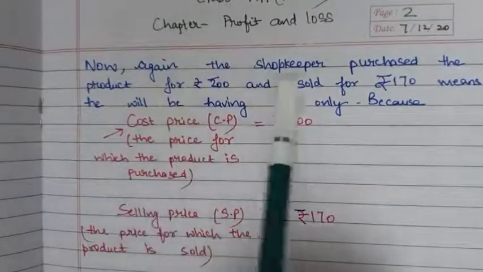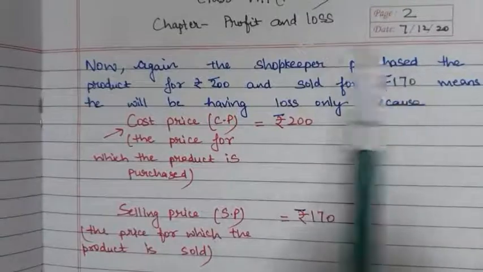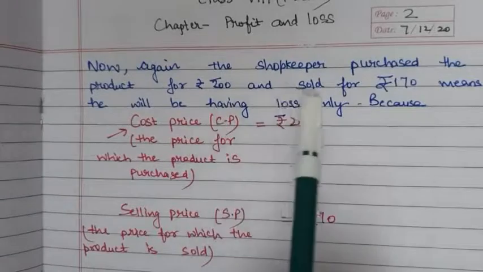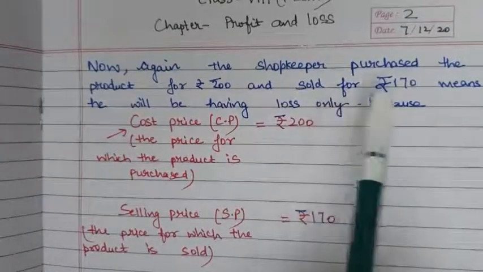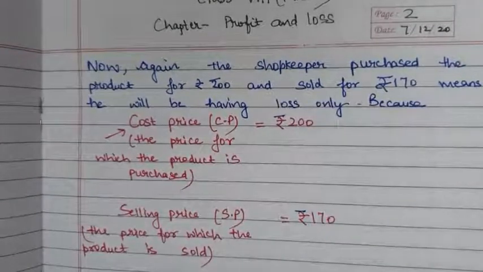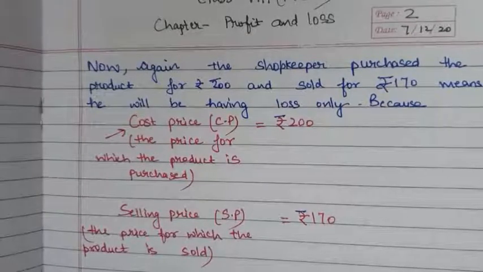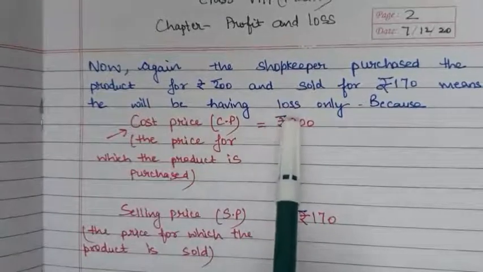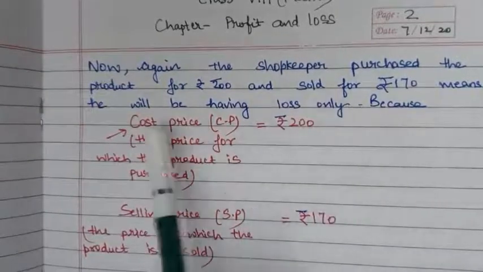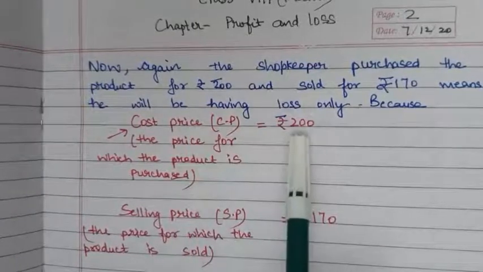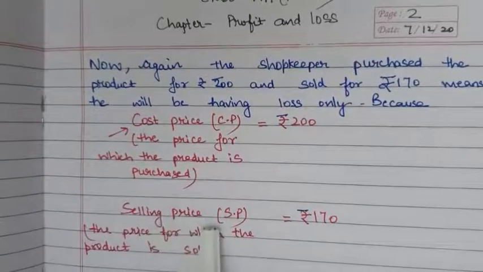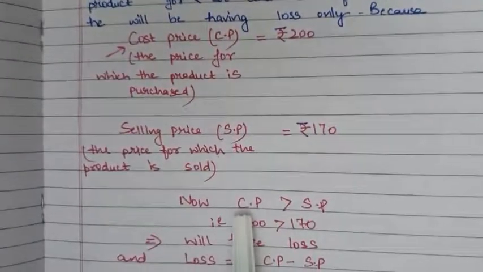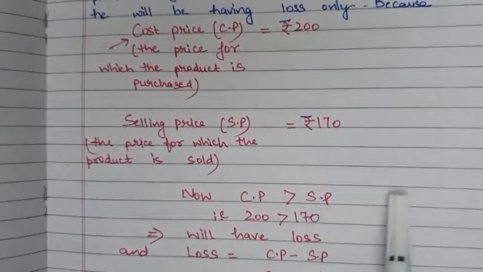Now again the shopkeeper purchased the product for rupees 200 and sold the same product for rupees 170. So it is very clear that this time he will have loss, because cost price is 200 and the selling price is 170. So cost price is greater than selling price.